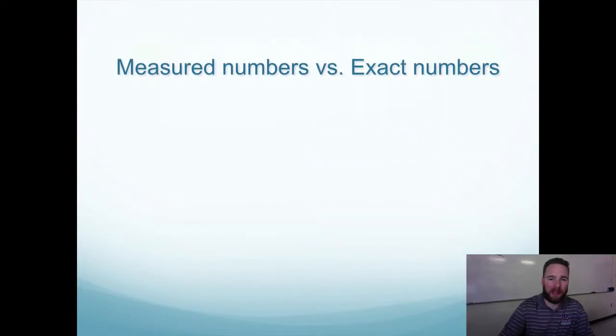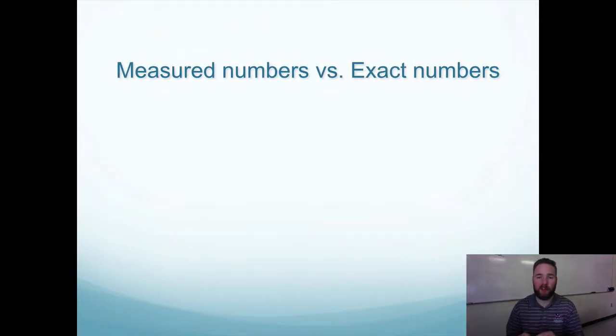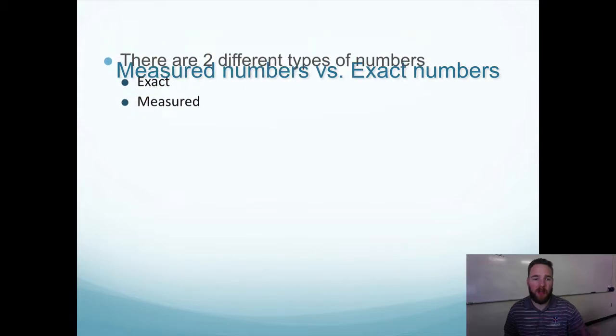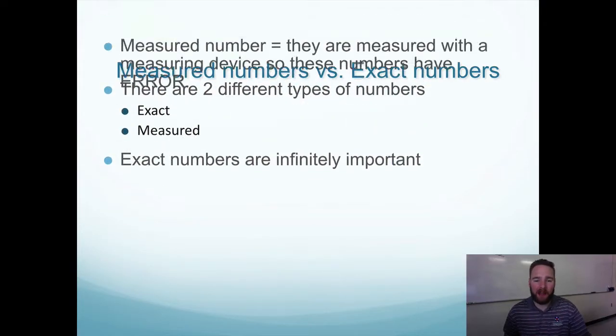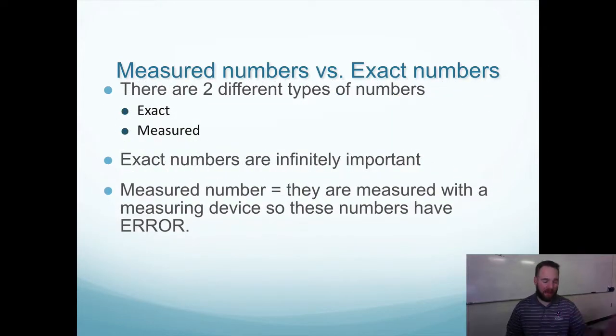Moving on. Let's talk about measured numbers versus exact numbers. Two types of numbers, exact and measured. Exact numbers, I say, are infinitely important. What's that mean? Well, to put it a little bit easier, exact numbers are known exactly, right?